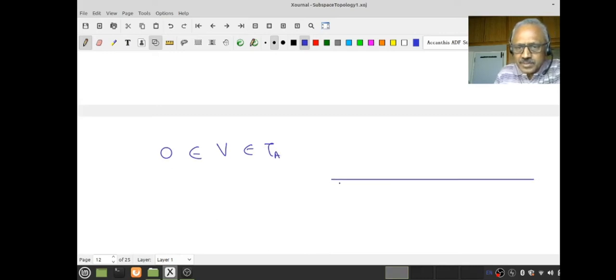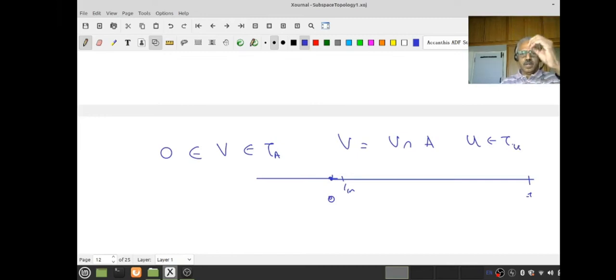Therefore again look at the picture. This is 0, this is 1 by n, this is 1, etc. And I have to go here. Now V is of the form U intersection A, where U is an open set in R containing 0. What are the typical open sets? They are of the form minus epsilon to plus epsilon.